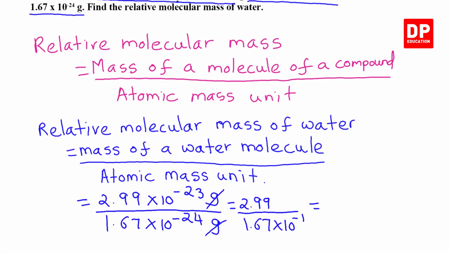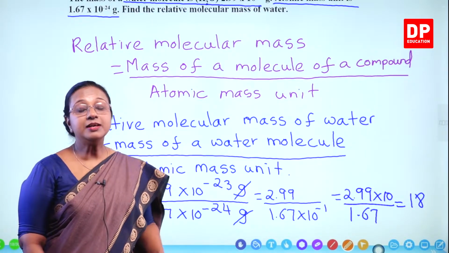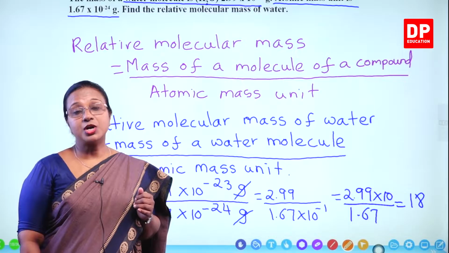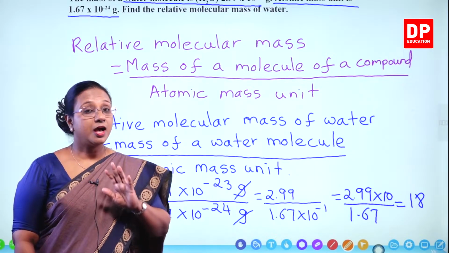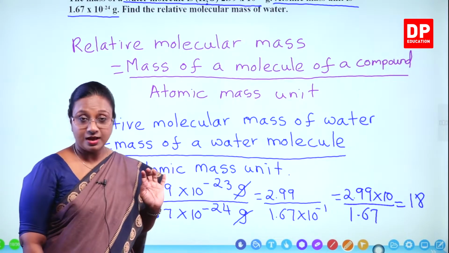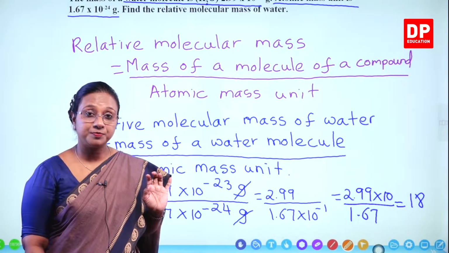When you simplify that, it becomes 2.99 into 10 divided by 1.67. That will be equal to 18. That is the relative molecular mass of water. I am sure you can understand this as well.